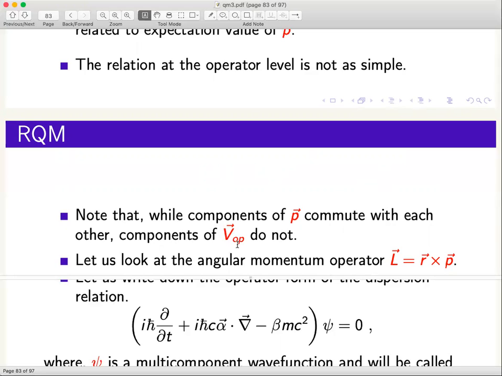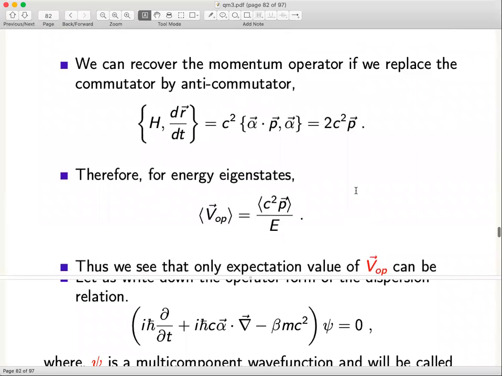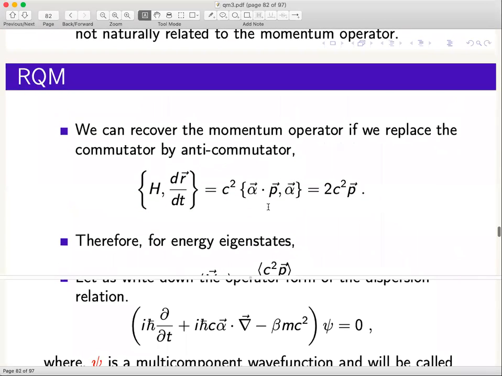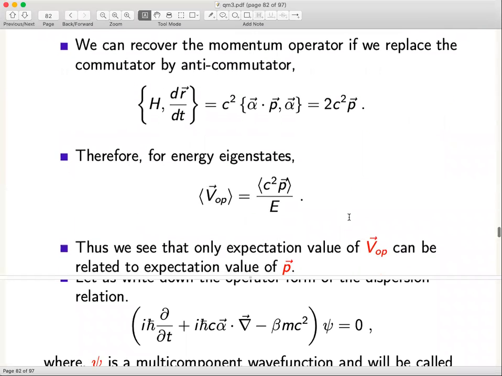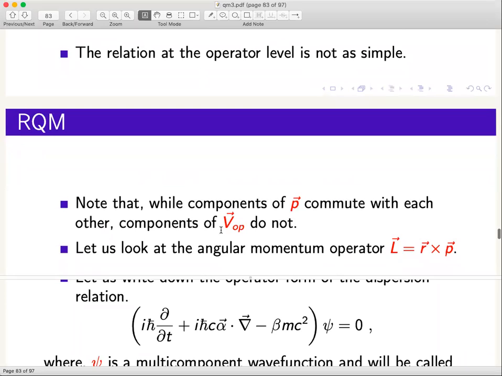If you try to study the commutators, the first thing you will notice is that different components of the velocity operator do not commute with each other, which is quite different from what happens with different components of the momentum operator. Like px commutes with py, and similarly with pz. But Vx does not commute with Vy, because the alpha matrices that appear in the definition of the velocity operator, the commutator of alpha x and alpha y, is not zero. So it's a very curious object: it does appear as a velocity operator, but the different components of the velocity operator in operator form do not commute.